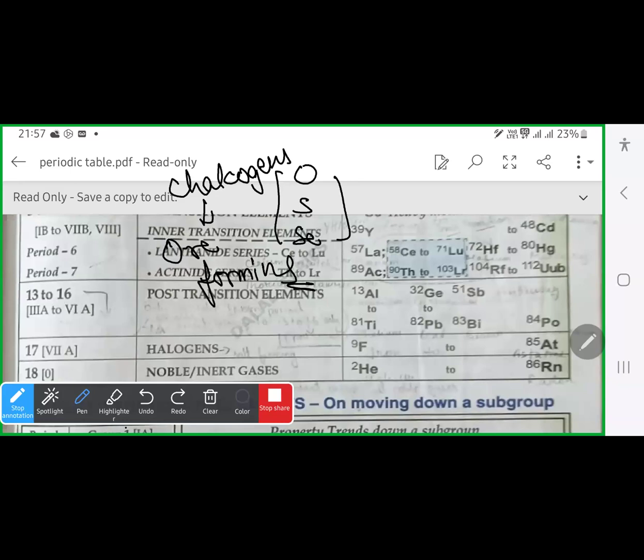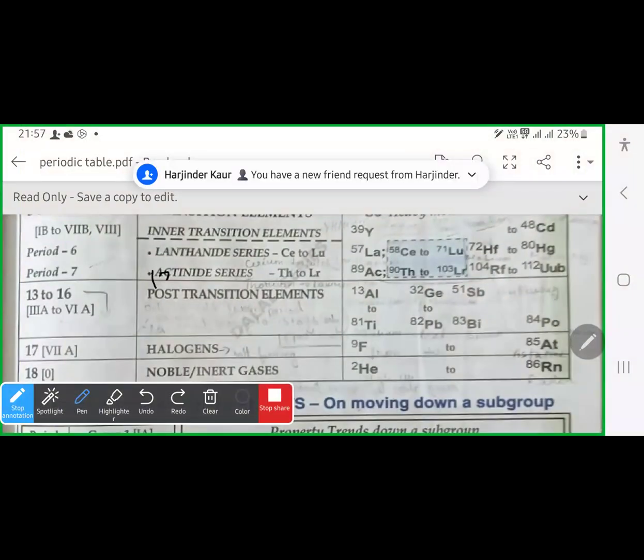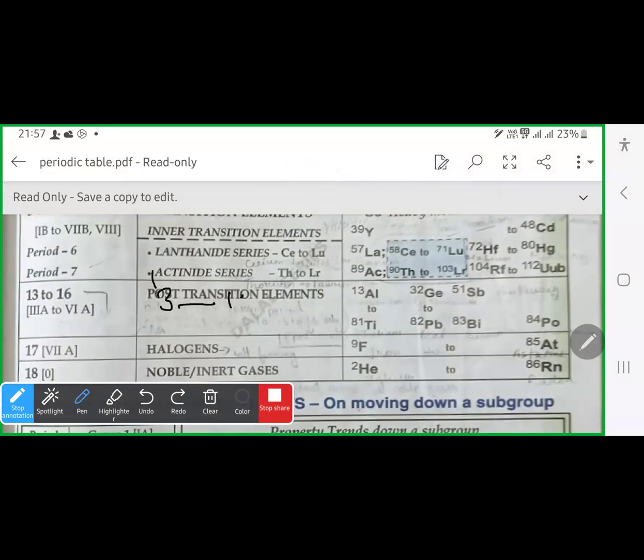Clear? And D block elements, that is group 3 to 12. This is the D block.